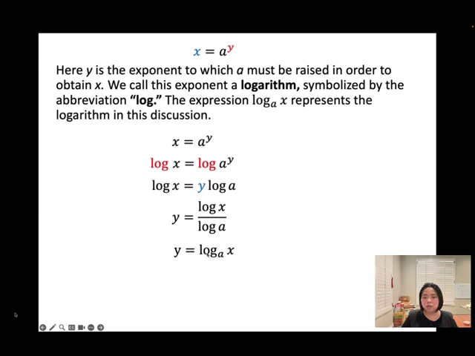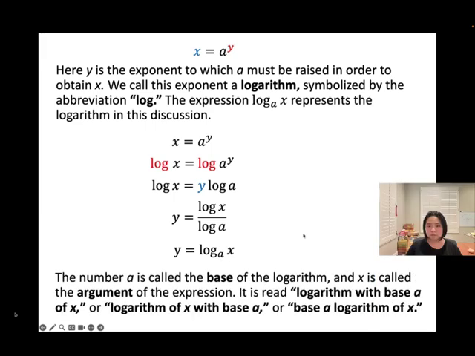This means the log with the base a of x. You can say this is a log with the base a of x, or log of x with the base a, or base a log of x. That's the same idea. So now we've solved for y, and this is the inverse function of this equation.